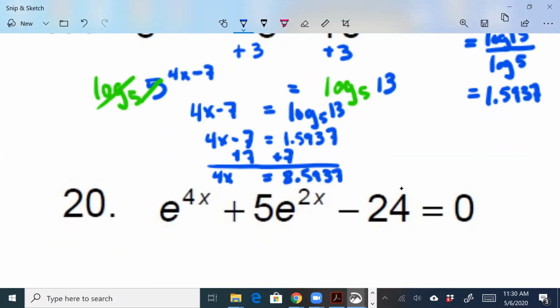And divide that by 4. And x then would give us 2.1484.